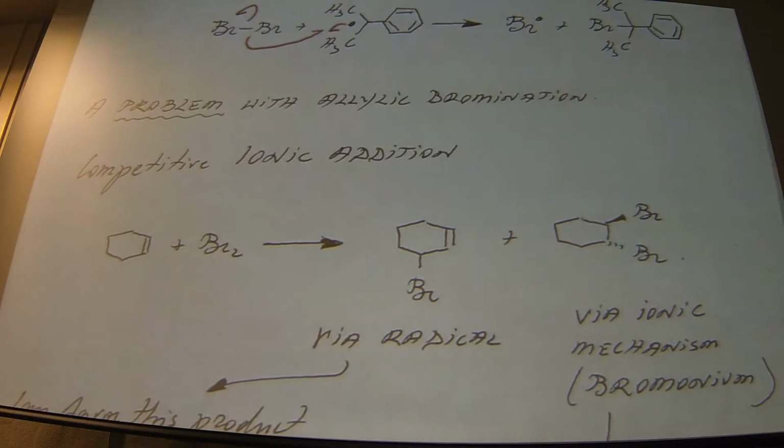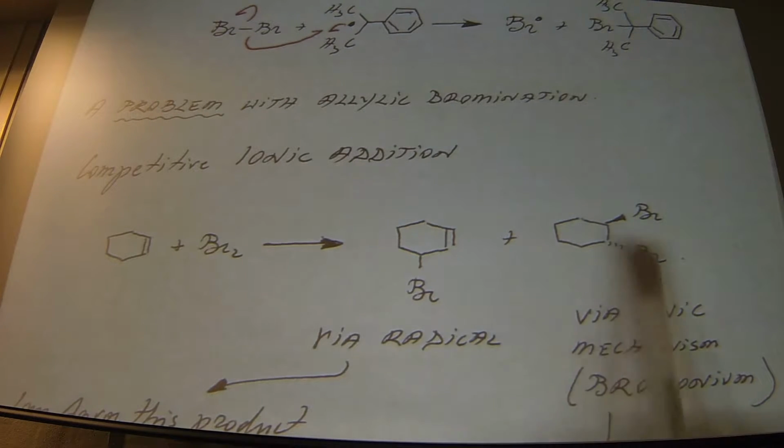Is Chem 272 chemistry going to take over, and we're going to get a bromonium ion that goes to a bromonium and therefore gives me the trans dibromide? Or maybe now we're in Chem 273, so we don't need to worry about that. No, you do still need to worry about it. So the question is, does it go through allylic bromination, like so, or do you get ionic bromination, the way we learned before?